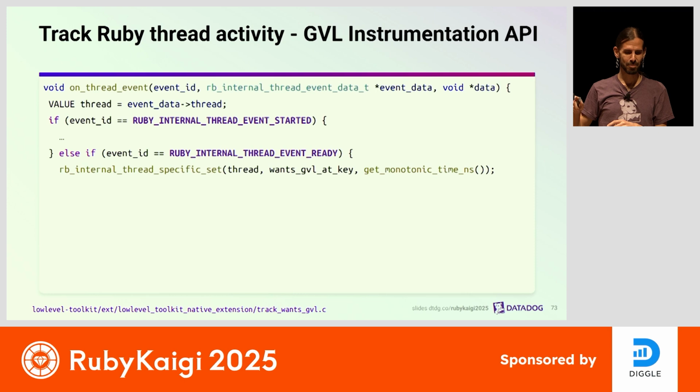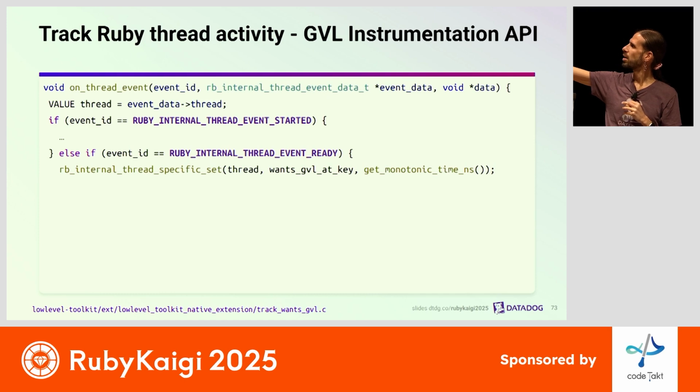And when there's a ready event, which means that the thread wants the GVL, what we do is we store the information in a thread local variable. So there's this API, the internal thread specific set, that is very useful to get thread local APIs in from C code.